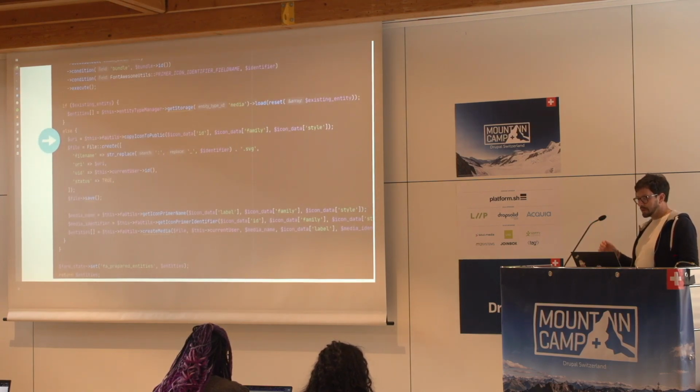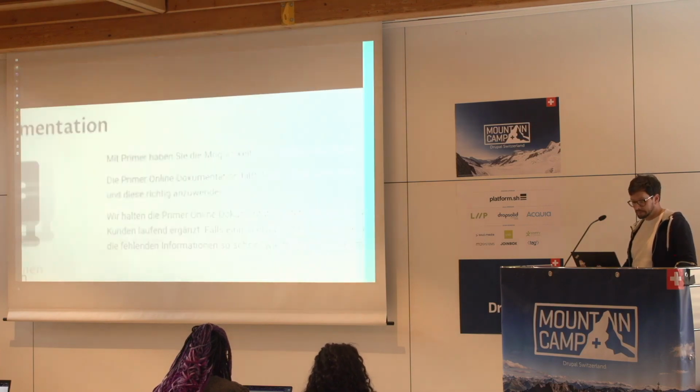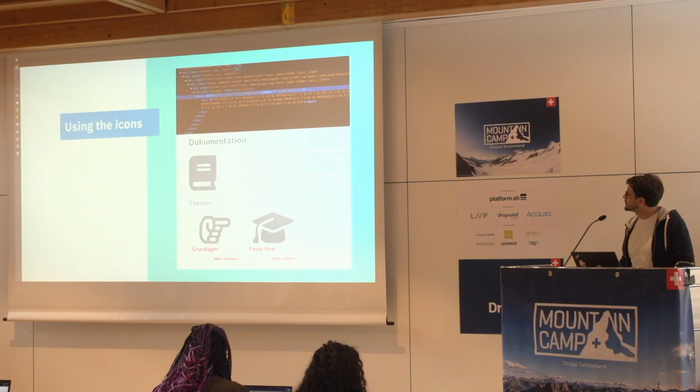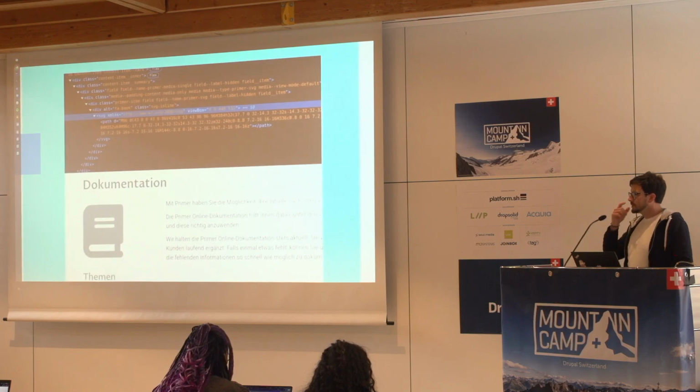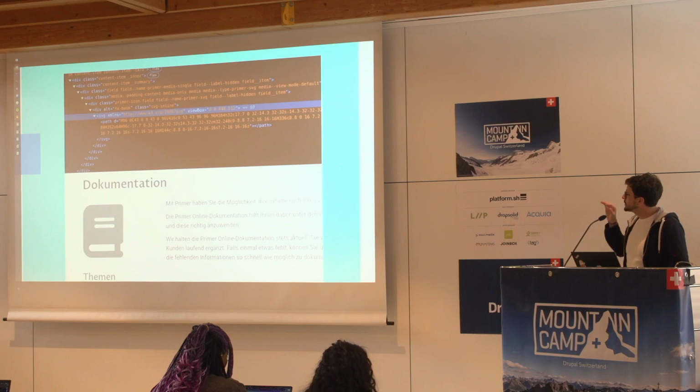First, check if there is an existing one, then create a file. And then that's the end result. We have icons there, and they are inline because we are using the SVG formatter. And as I mentioned before, this then allows us to interact via CSS with different parts of the icon.